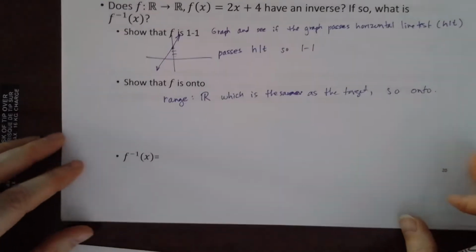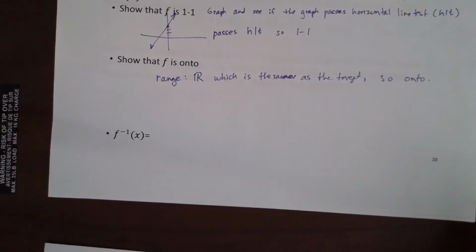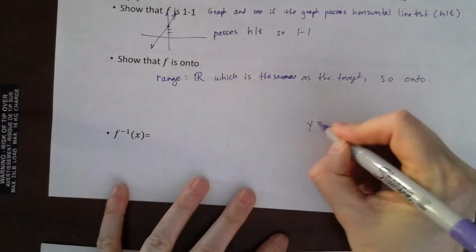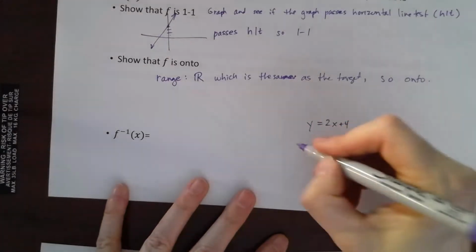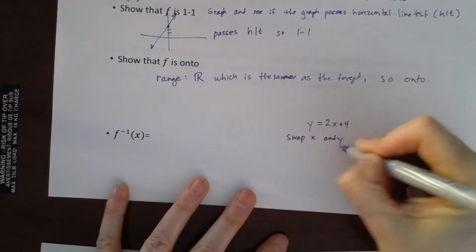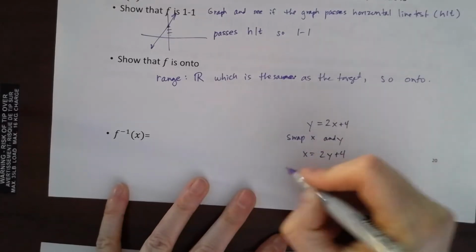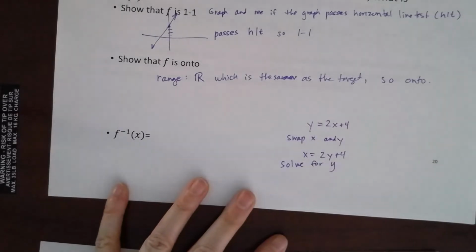And then if we want to find the inverse, there's a couple of ways that you may have learned to do this in the past. One of the things is to write the equation as y equals 2x plus 4. Then swap x and y. So I'll rewrite that as x equals 2y plus 4 and solve for y.